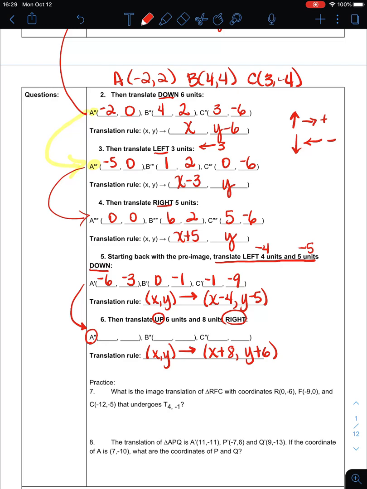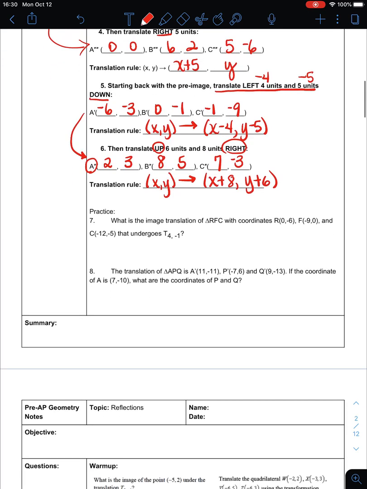So if we go from our previous pre-image, -6 plus 8 is 2, -3 plus 6 is 3, 0 plus 8 is 8, -1 plus 6 is 5, and then -1 plus 8 is 7, and -9 plus 6 is -3. So my end result would be that my image is at (2, 3), (8, 5), and (7, -3). So all we're doing is going up and down, right and left, and adding and subtracting numbers to those values.